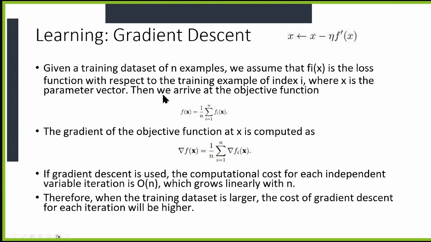When we talk about gradient descent in terms of optimizer, we're talking about it as the batch gradient descent or full gradient descent. So what does this mean? This means we're using the entire training data set to compute the gradient that will be applied to the weight update.